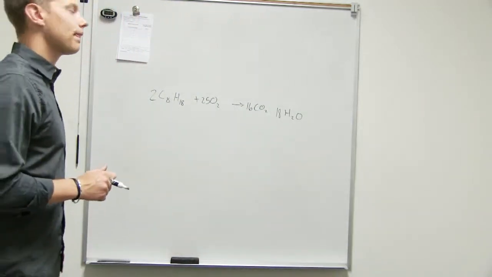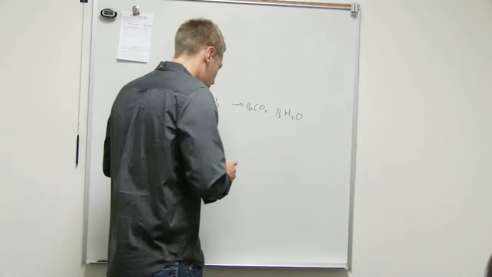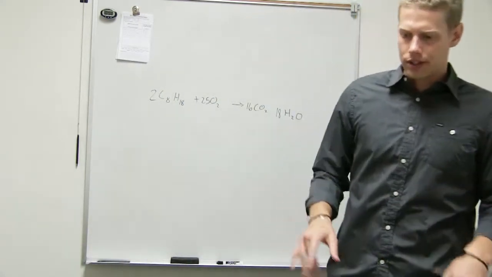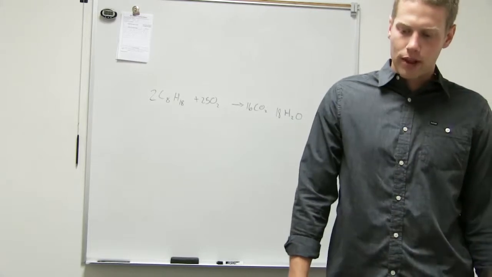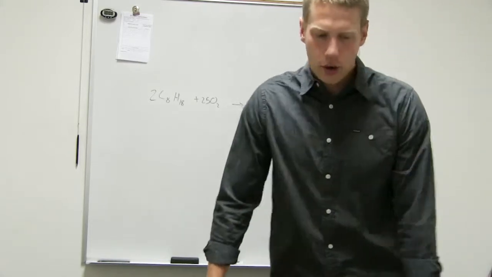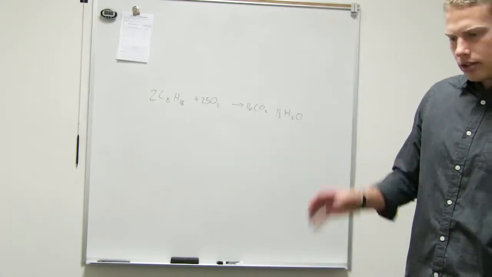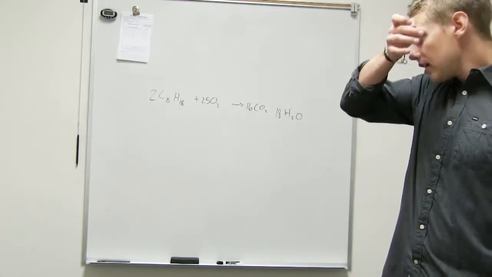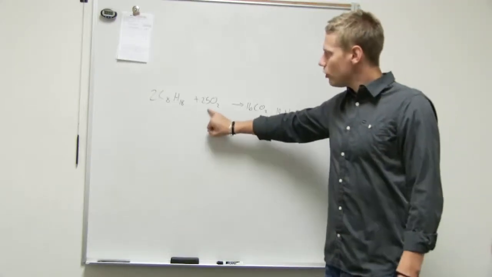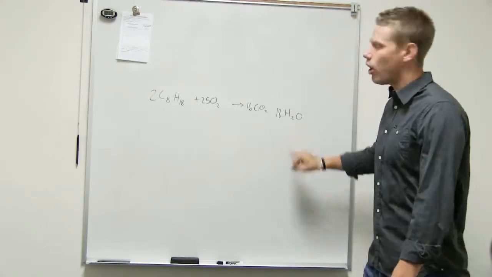Okay, so to break it down, this is what it asks: what mass of water is produced by the reaction of 8 grams of oxygen gas? In regular people words, it says if I gave you 8 grams of oxygen gas, how many grams of water would I get out?